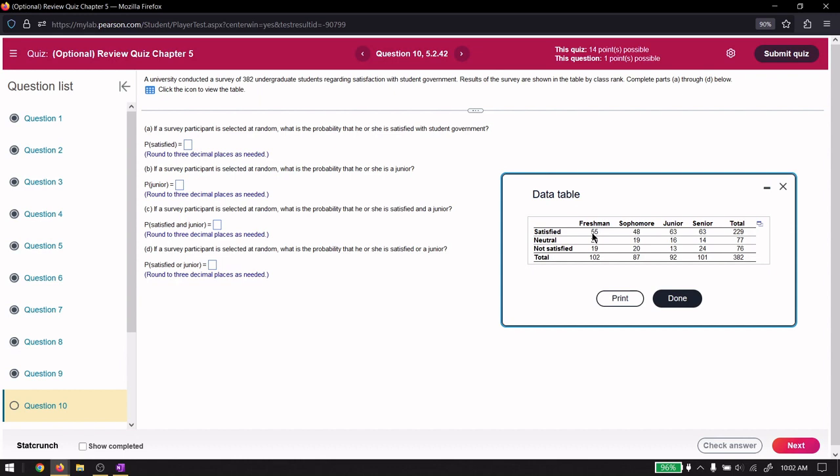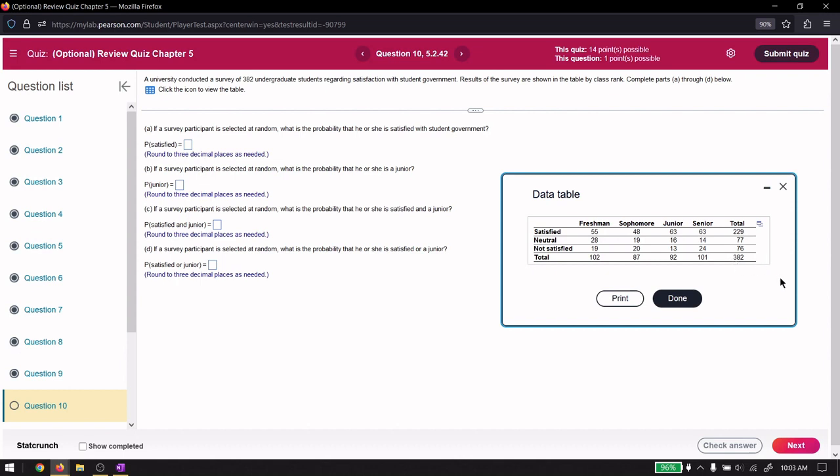It doesn't matter what grade level they're in. All that matters is the total that are satisfied. We're not concerned about neutral and we don't want not satisfied. We want satisfied. So 229 is the possibilities, and 382 is the total. If you count all these numbers up here, you're going to get 382. It's the same thing as totaling them this way and then adding them going down, or totaling them down the columns and then adding them across.